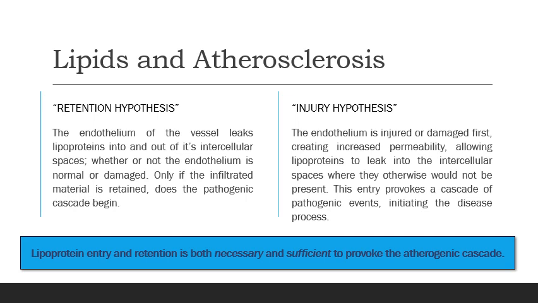Now, in addition to this concentration gradient, size matters. Which subclass of lipoproteins are likely to fit better into those intercellular spaces? If you remember from the lipoprotein classification slide, it is small LDLs and HDLs.